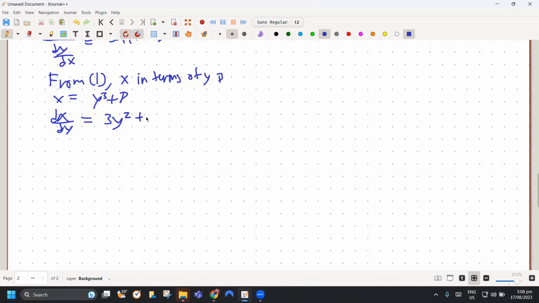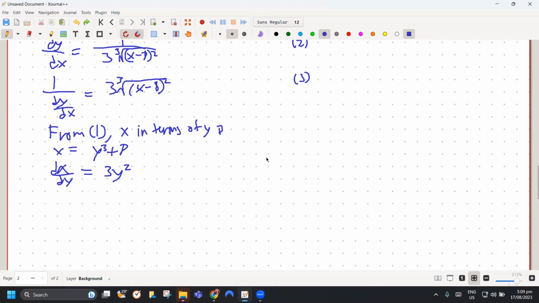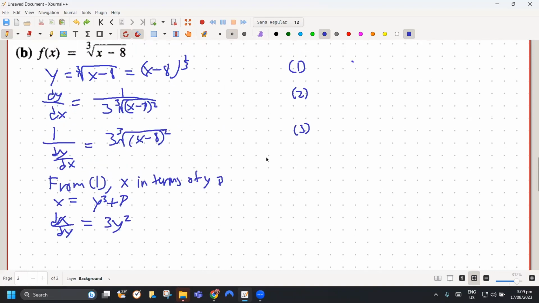So 3y squared. Now we need to show that this is equal to the earlier expression for 1 over dy/dx. Look again, move up. 1 over dy/dx is 3 times the cube root of x minus 8, squared.